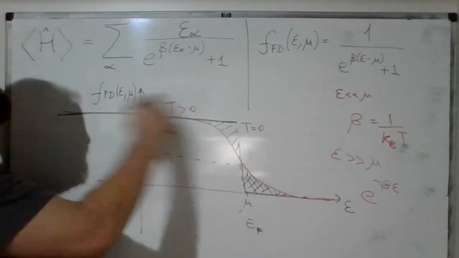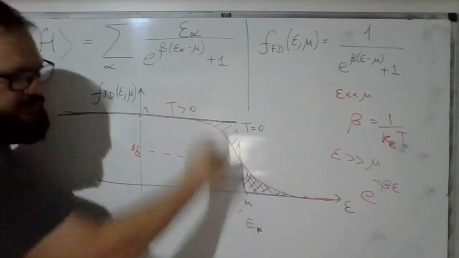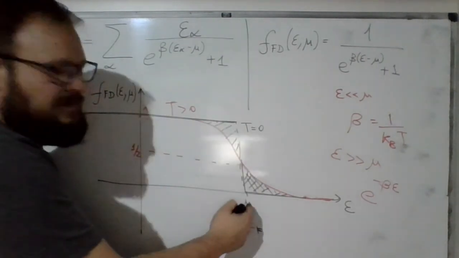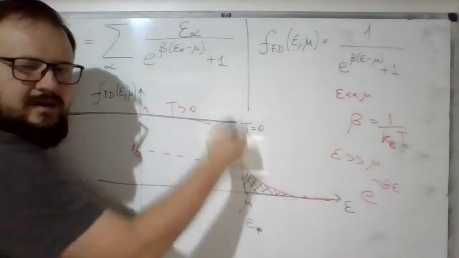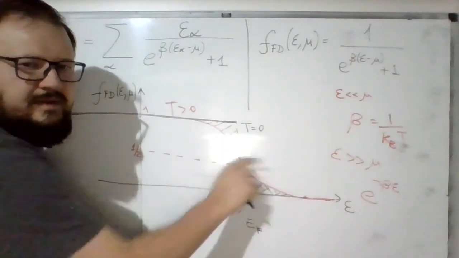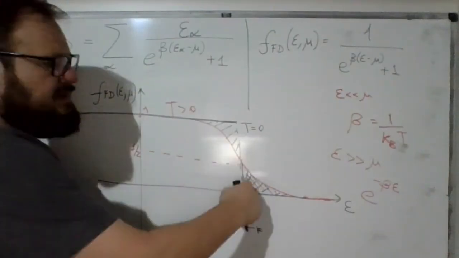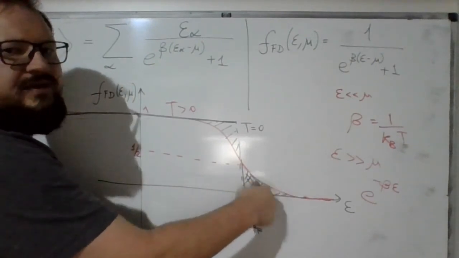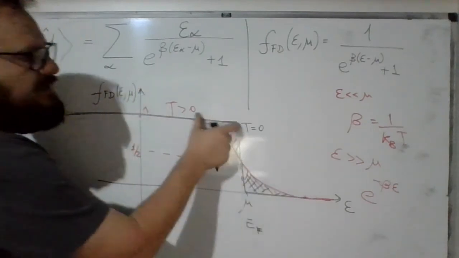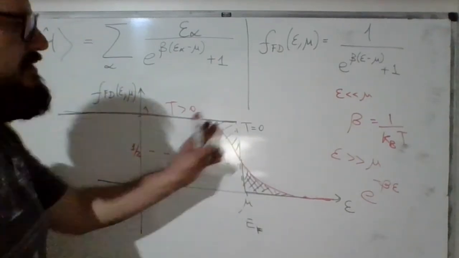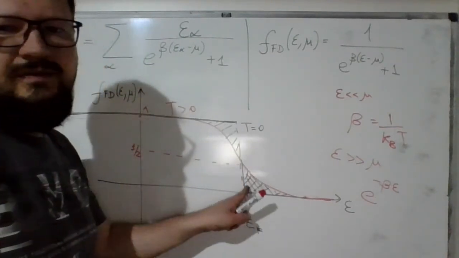But if you increase the temperature, some particles close to the chemical potential, but nearly below the chemical potential, can cross that level and will be found here in higher energies, and this amount is equal to the net particles which you removed from here and put into here.